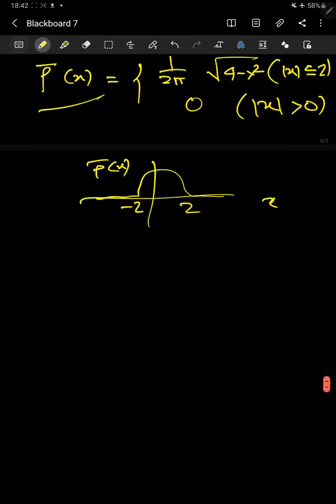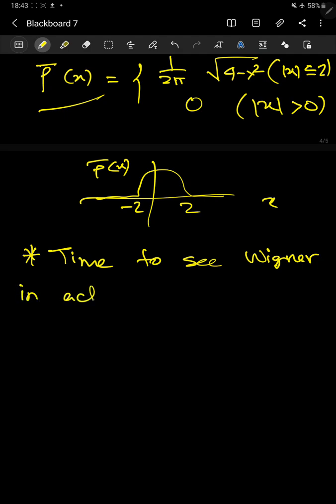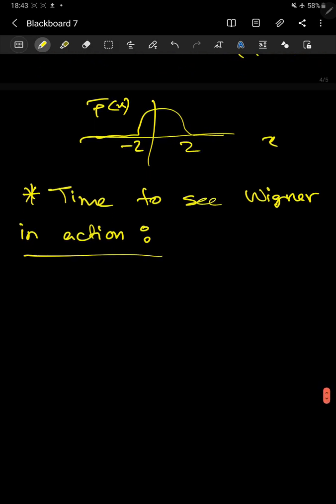Okay, now that we have talked a lot about the Wigner surmise and the Wigner semicircle law, it's time to see Wigner in action. That is, we'll see an example of how the Wigner surmise helps us go around. So example.